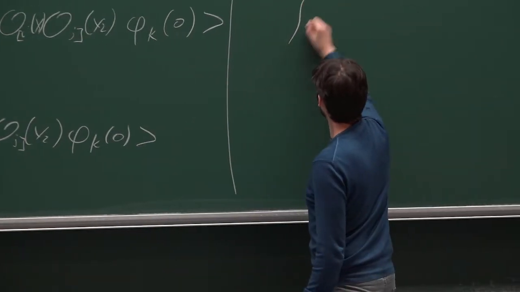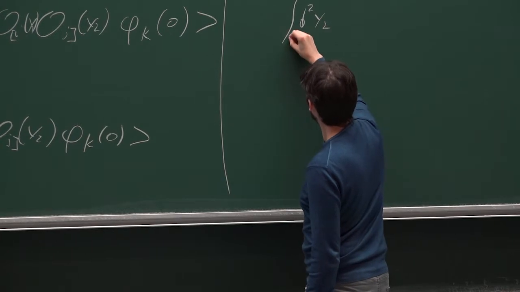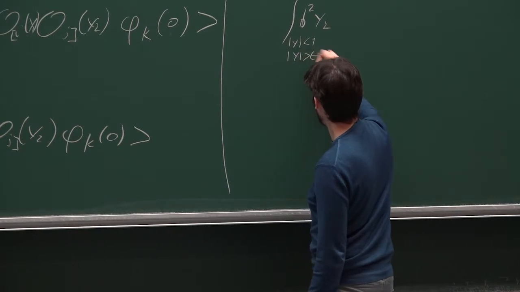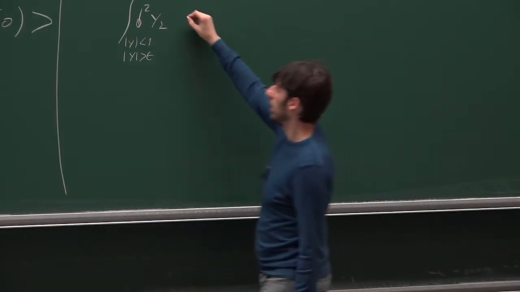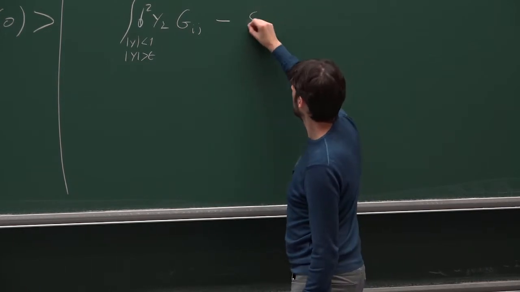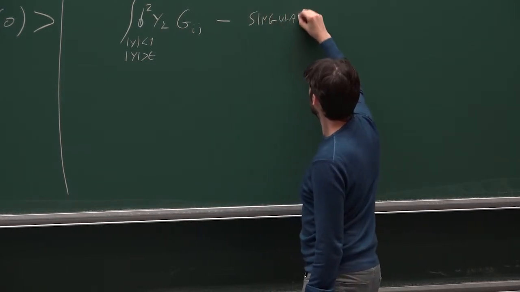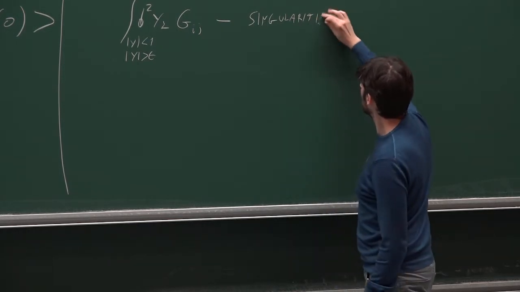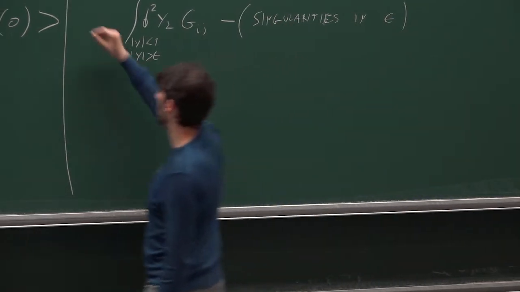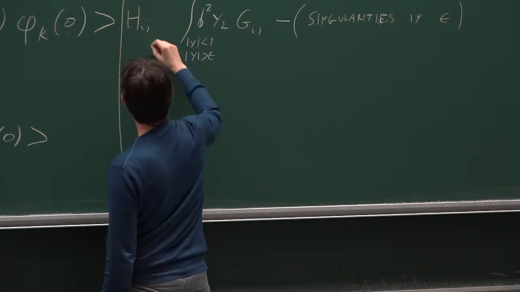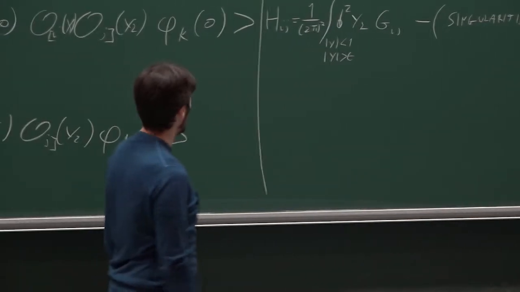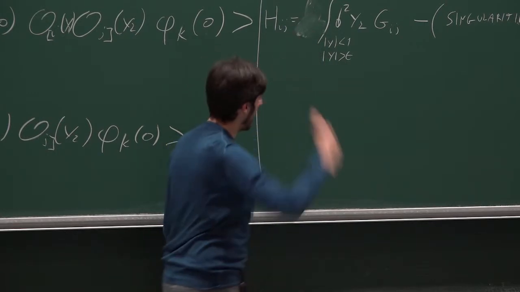And then you have to perform the integration in y2, over |y| smaller than 1 but also |y| greater than epsilon, of G_ij. And then you have to subtract singularities singular in epsilon. And this defines for you some H_ij. Well, there is always this 1 over 2 pi squared. It doesn't matter where I define it. So let's say that H_ij is defined like this.